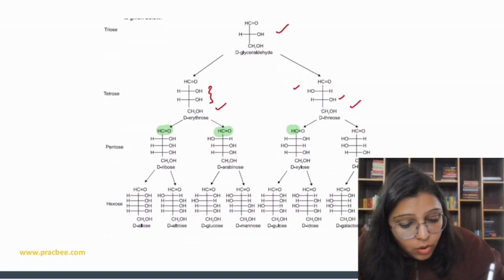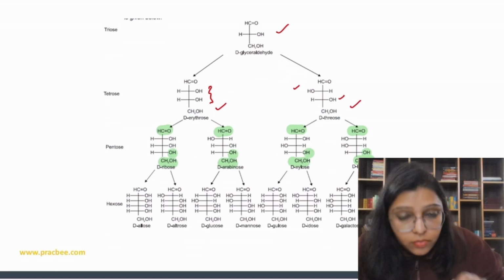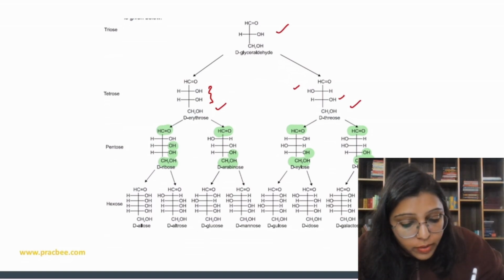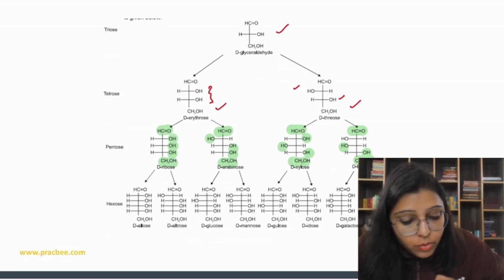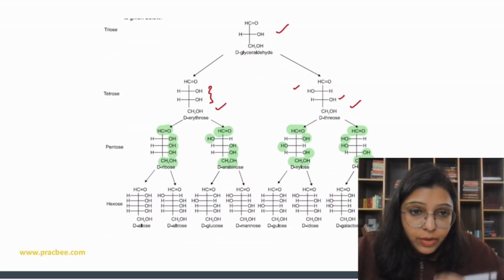CHO above in all, then CH2OH below, then the first OH on the right hand side. Then we have a total of 4, so 2 OH on the right hand side and 2 OH on the left hand side. Then 1 OH right, 1 OH left, 1 OH right, 1 OH left. In that way you are going to learn.